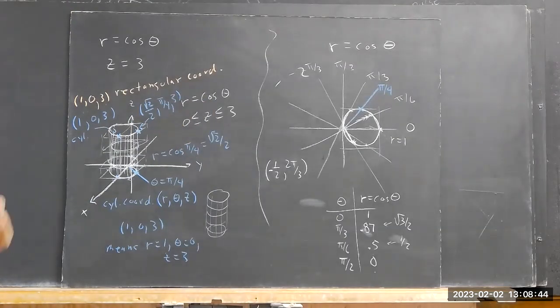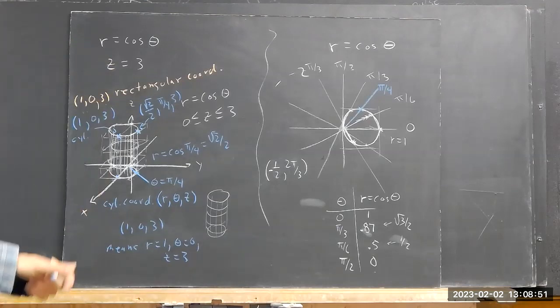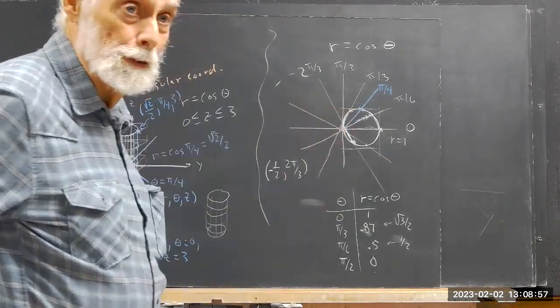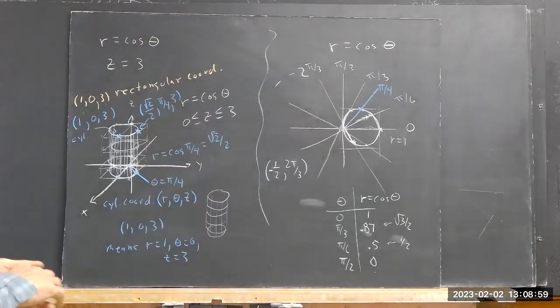Straightforward though. And we can do it in rectangular coordinates: (1/2, 1/2, 3). Okay. 1/2 unit here, 1/2 unit there. You can say.